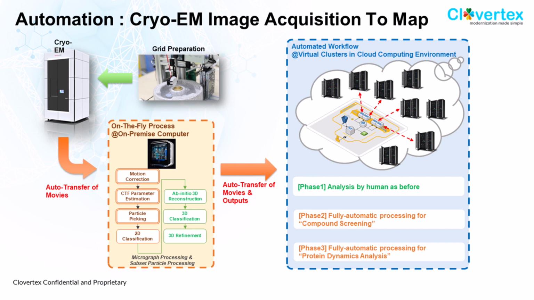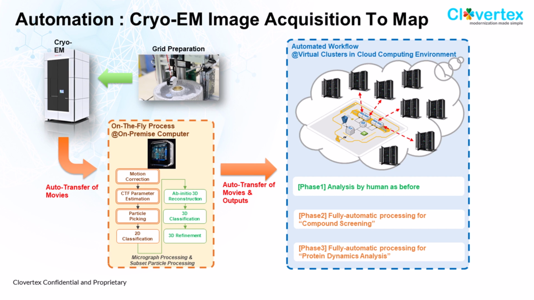And for this, we have to establish the platform on the cloud computing environment so that we can actually run software such as RELION. And so far, we have finished phase 1.